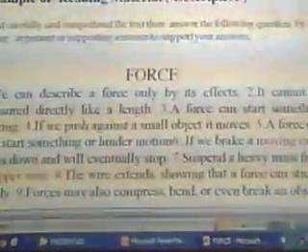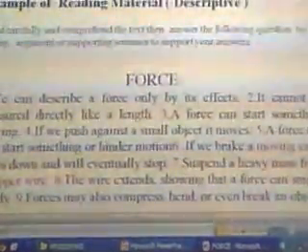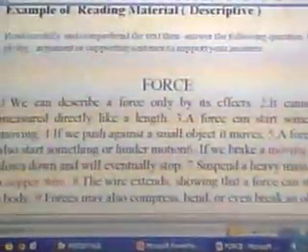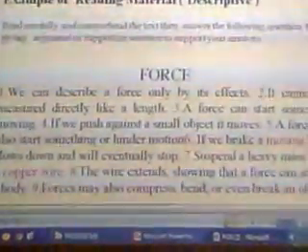So in reading comprehension, we just give comprehension questions in the form of true or false questions. Like this. Okay, that's the example.